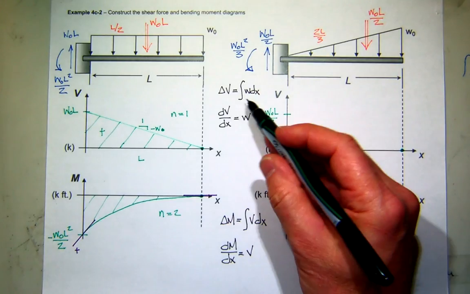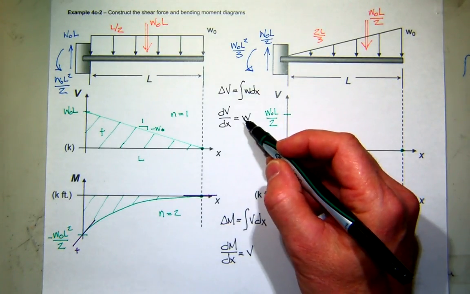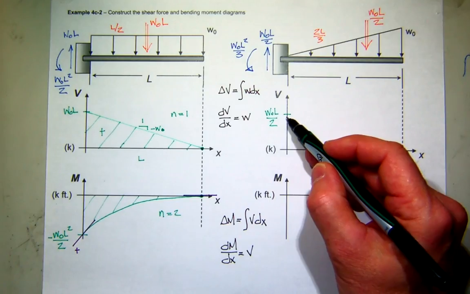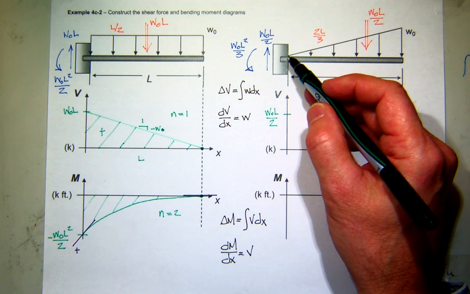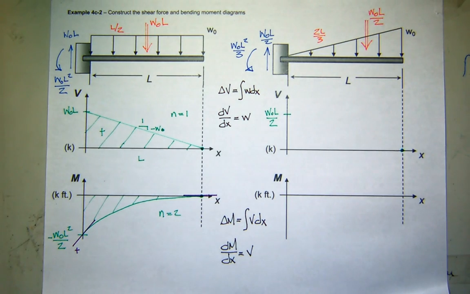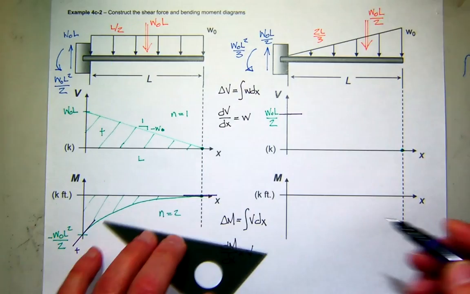So now what's the shape? Well, the slope is equal to the load. So starting here, what is the loading at that point? I go up and the loading is 0. So that means the slope of my line there should be 0.